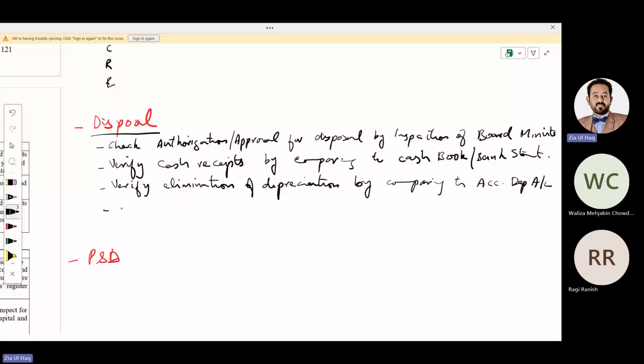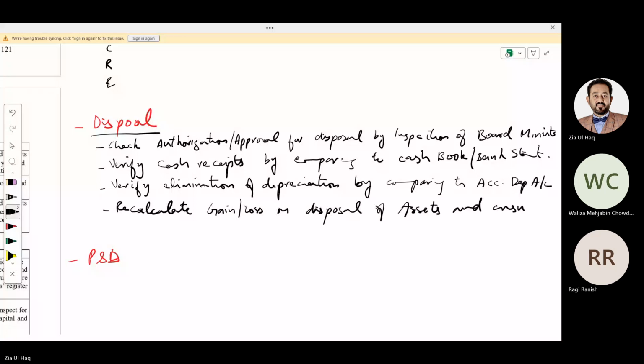And for gain or loss, recalculate gain or loss on disposal of asset and ensure it must be disclosed separately if significant.